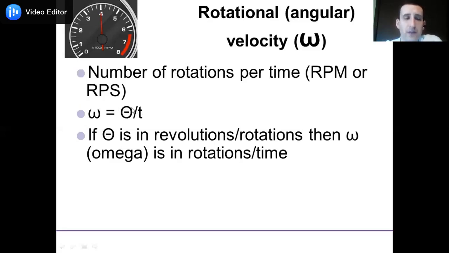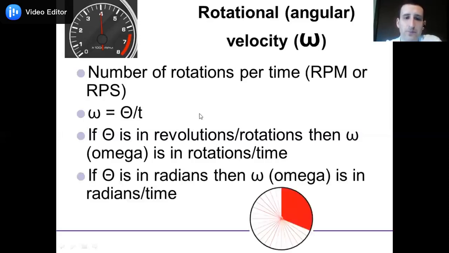So 5 times around the circle would be 5 times 2 pi. That would be 10 pi radians divided by a second. So our omega would be 10 pi radians per second. Both are okay, but one of them is going to be more useful to use as we go on and try to use it in a problem.